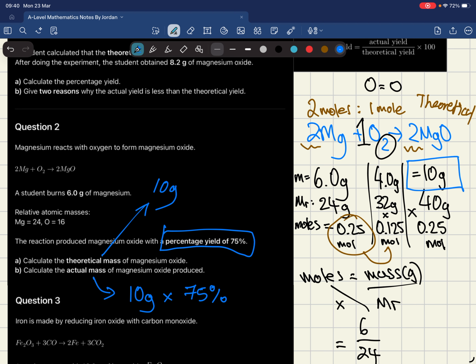So you can multiply by percentage like that. Some people won't like that and would prefer to write 0.75. Any of those are fine. If you're going to write it like this, then you must make sure there's a percentage symbol in your calculator. So 75% of 10 would just be 7.5 grams, and that's what you would get in real life. Okay?